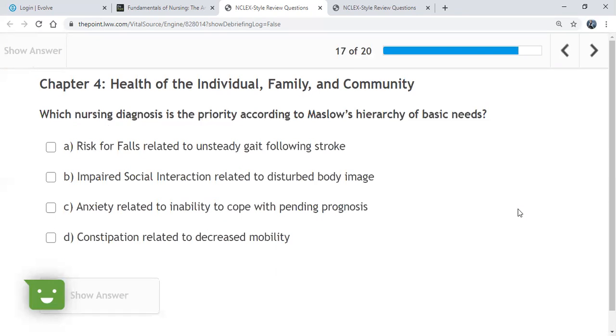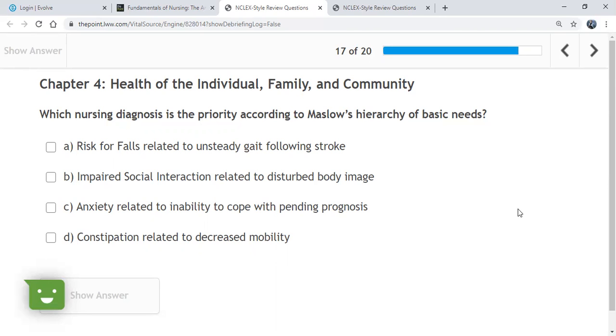Which nursing diagnosis is the priority according to Maslow's hierarchy? I hear D, I hear B. Okay, A, constipation is an elimination factor.